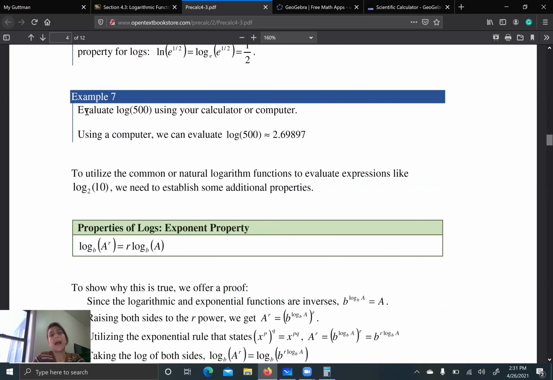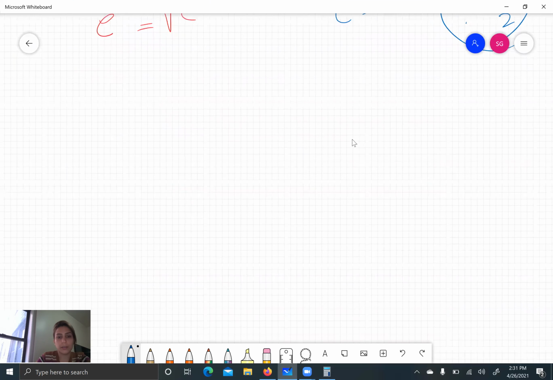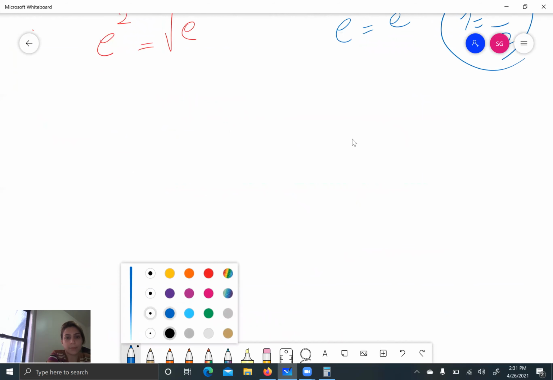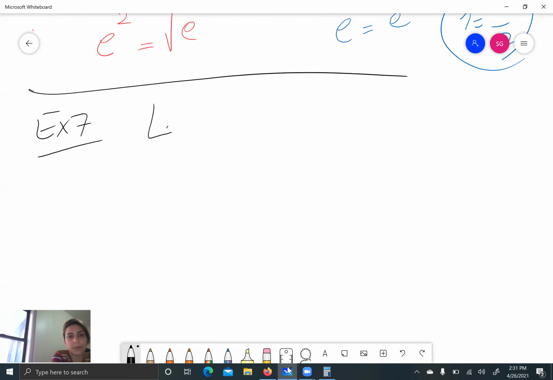Okay, but if we have a question like log of 500, then I cannot easily look at this question. I want to show you when we need to use a calculator and we cannot just come up with the answer. So this is example 7. The question is: evaluate the log of 500. What is the base?